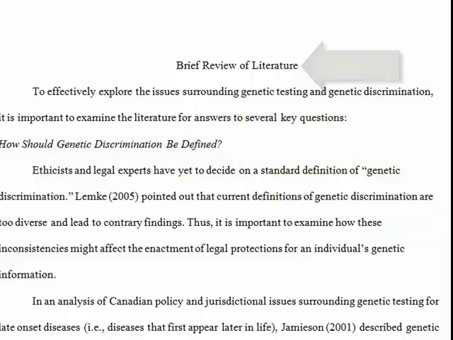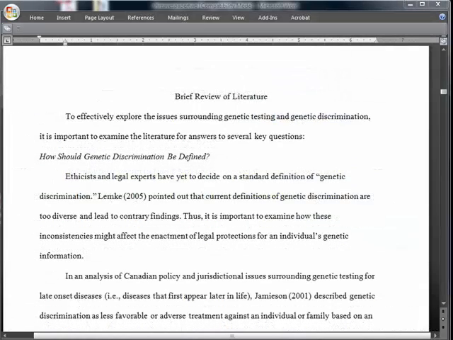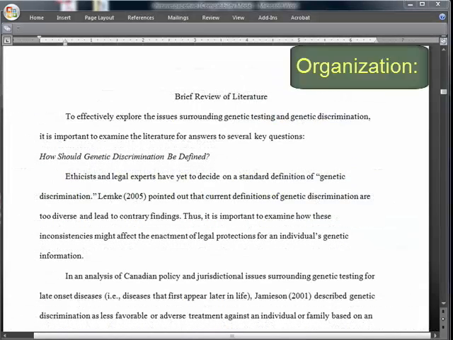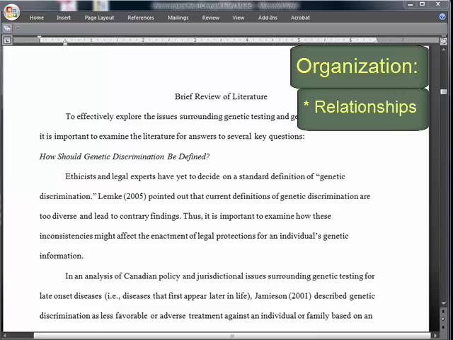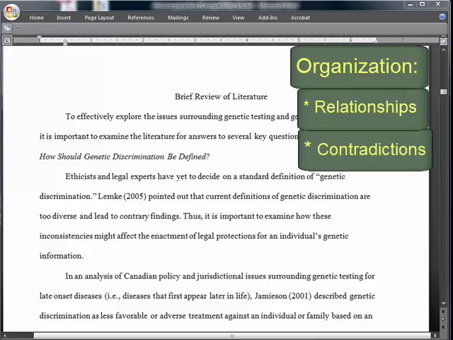The next thing to be pointed out about this review of literature is that it must be organized in some fashion. You must look at all of the sources that you are reviewing in this section and find a way to organize them for presentation to your reader. The organization can be based upon their relationships. It can be based upon a set of contradictions.